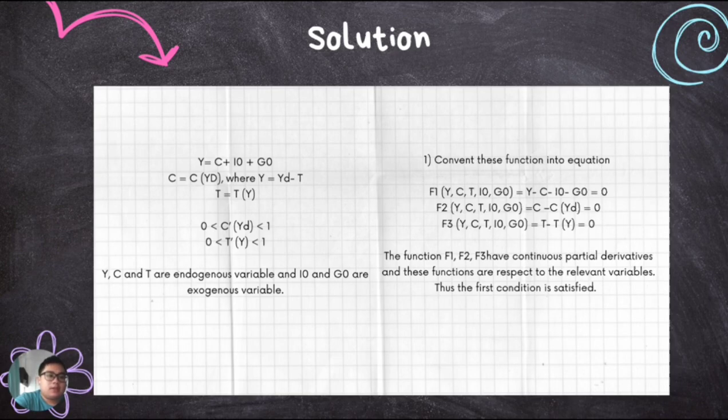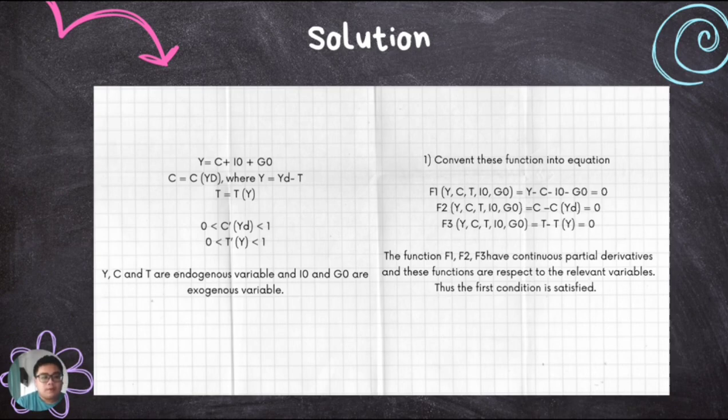After understanding these equations, the first step is to convert these functions into equations where F1 equals Y minus C minus I minus G equals 0, F2 equals C minus C(Yd) equals 0, and F3 equals T minus T(Y) equals 0.